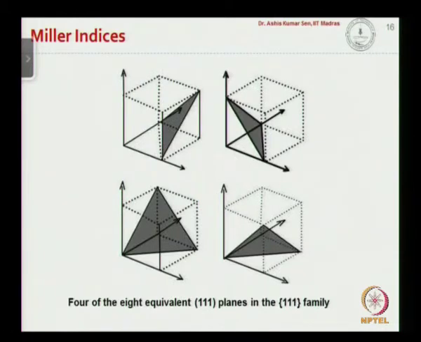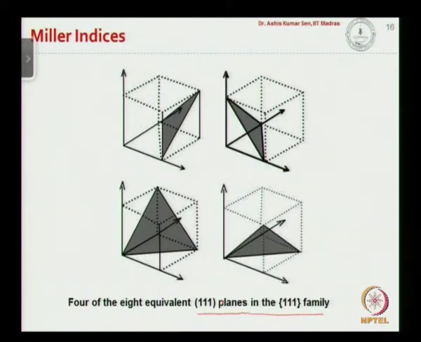Here we see 4 of the 8 equivalent 111 planes. Typically there are 8 different 111 planes possible in the 111 family of planes, and here 4 of those are shown.